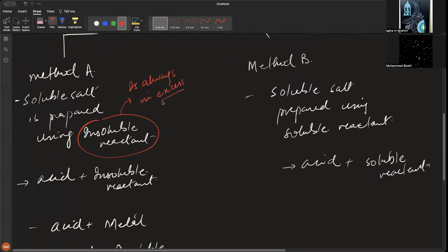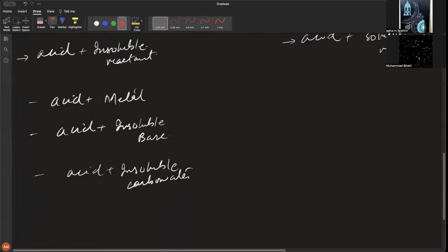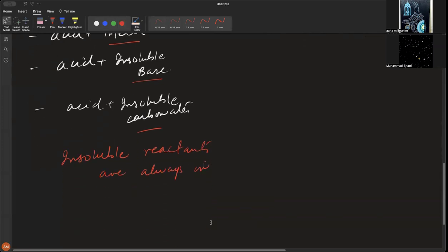So all three of these, 1, 2, and 3, will all be in excess. Insoluble reactants are always in excess.